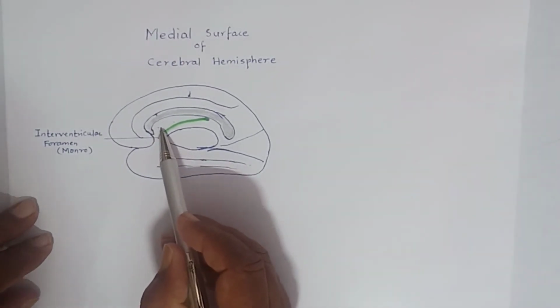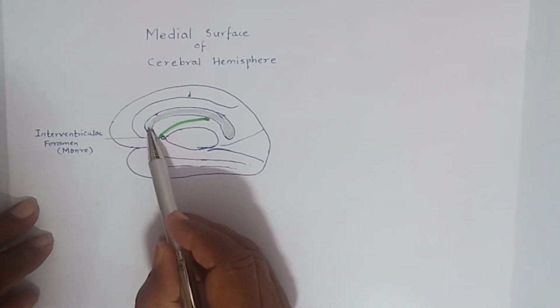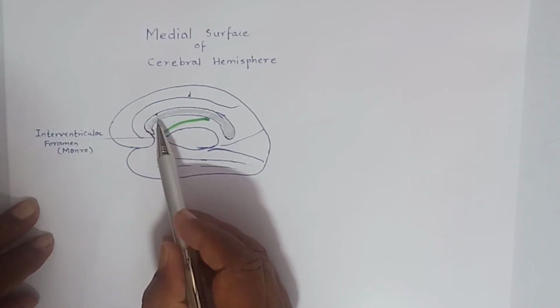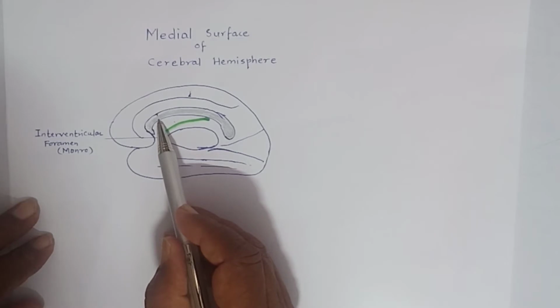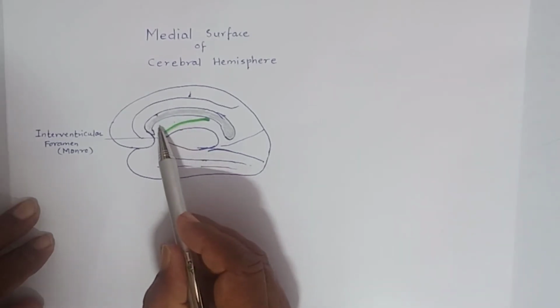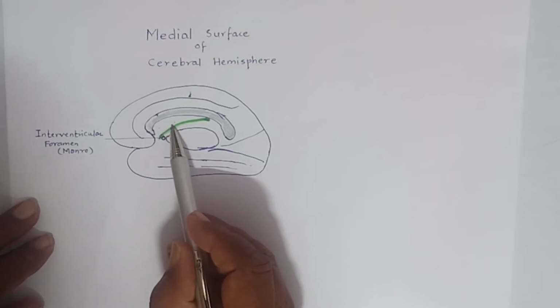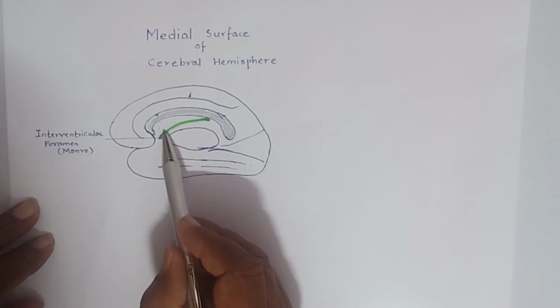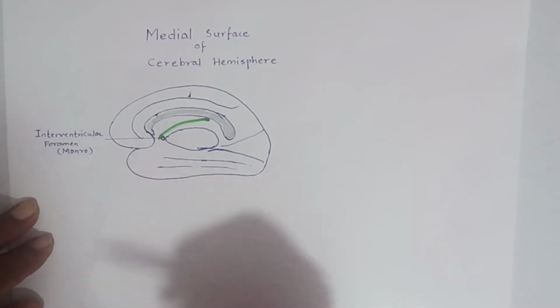The anterior horn is limited anteriorly by genu of the corpus callosum. Roof is formed by the body or trunk of the corpus callosum. Posteriorly, it communicates with central part at the level of interventricular foramen.